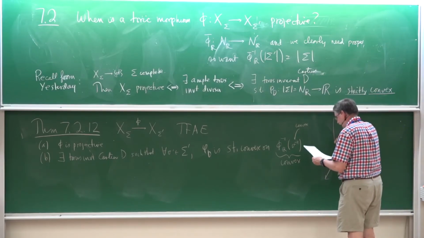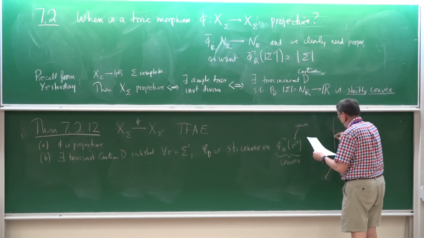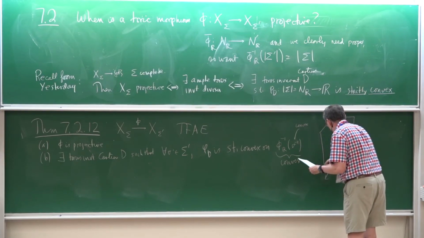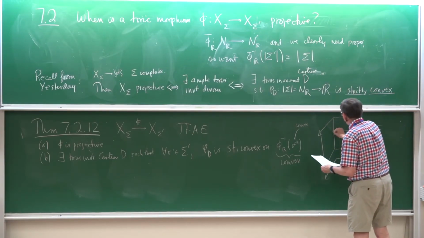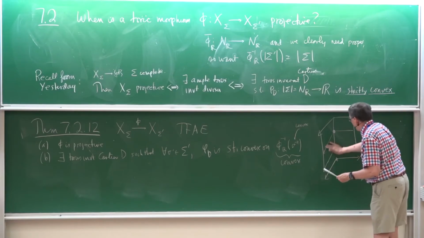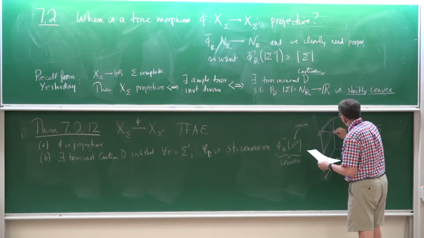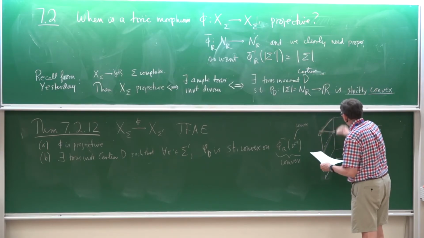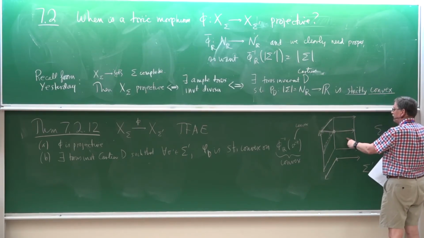And then suppose that upstairs I had something, so sigma is upstairs. Here's the origin downstairs, there's the origin upstairs. Here I might have a ray going out, and so sigma might look like this.